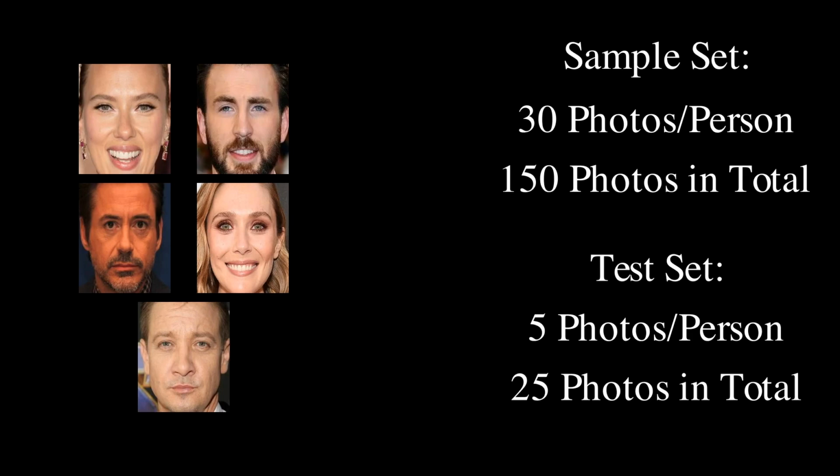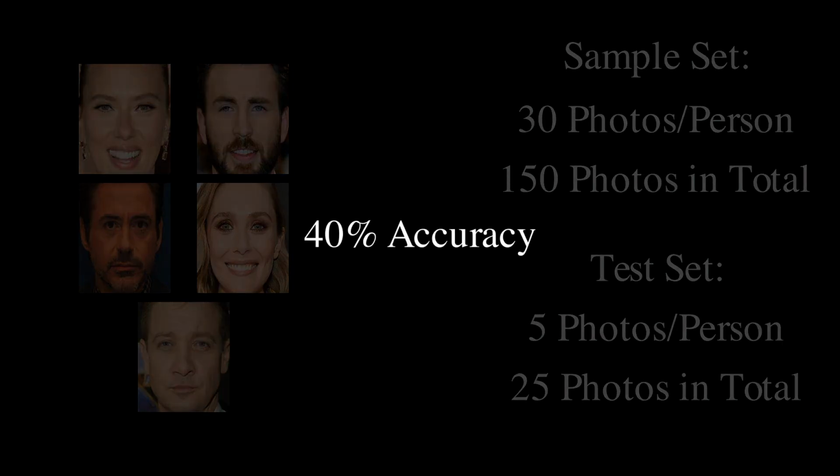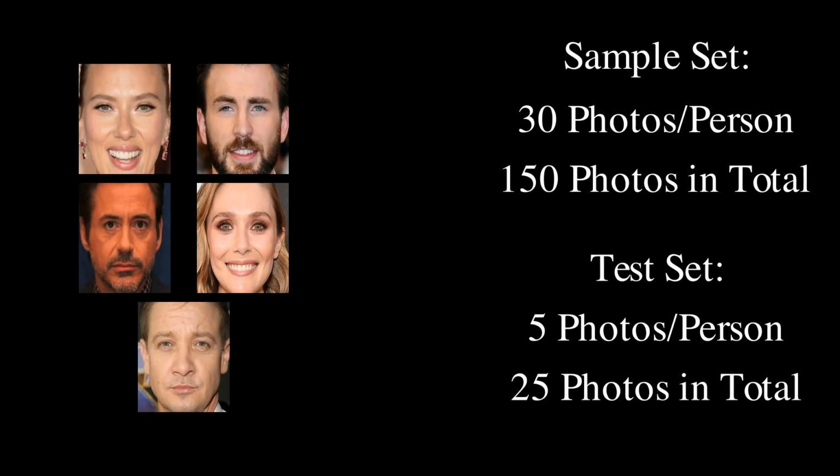Using this algorithm locally, exactly how I have explained it so far, it gets 10 of the photos correct, or about a 40% accuracy. Now, if the algorithm were to guess an identity randomly, it would be correct about 20% of the time, since there are 5 options here. So this is an improvement from guessing, but for me, it does feel disappointingly low.